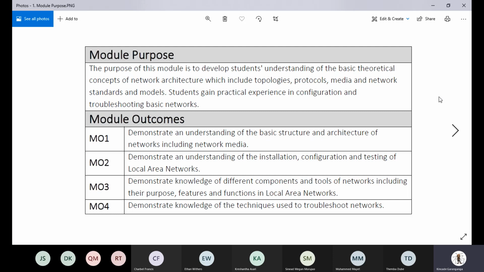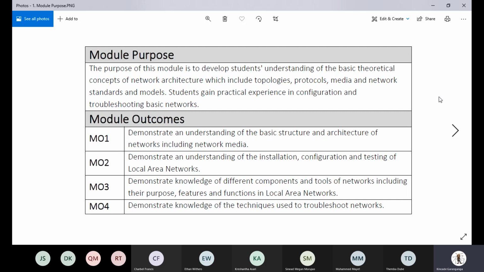I think it's very important for you to realize that whenever you look at anything ICT, especially from an architecture point of view, one of the core things that you're supposed to be familiar with and good at is being able to successfully troubleshoot any environment.